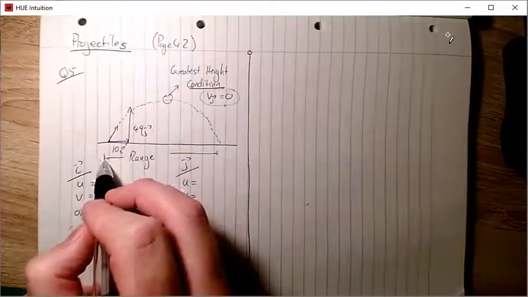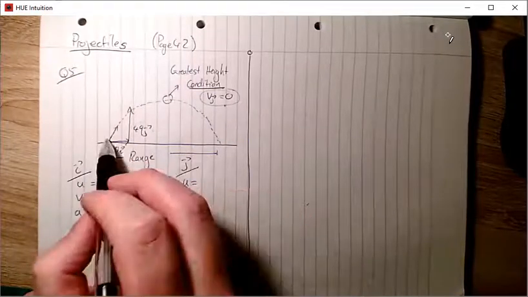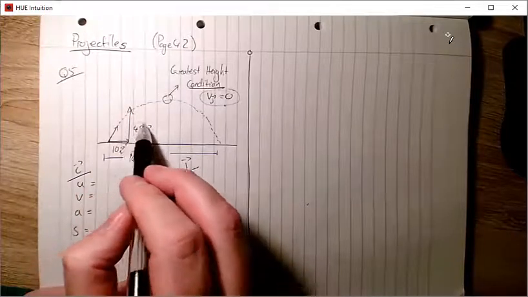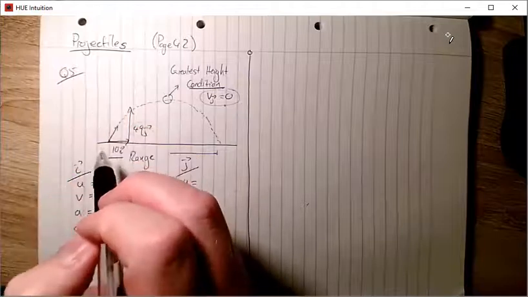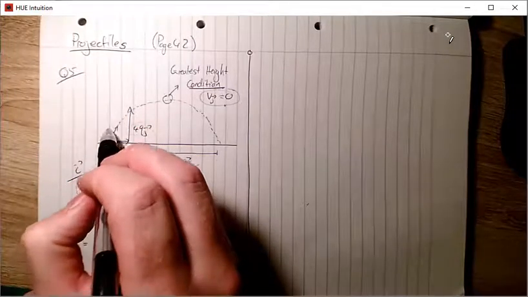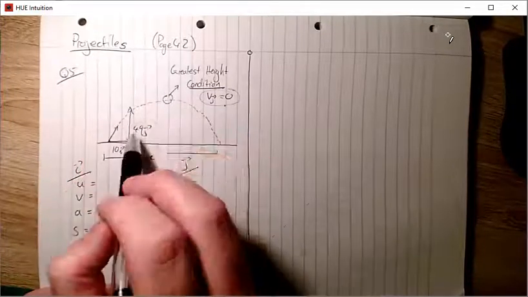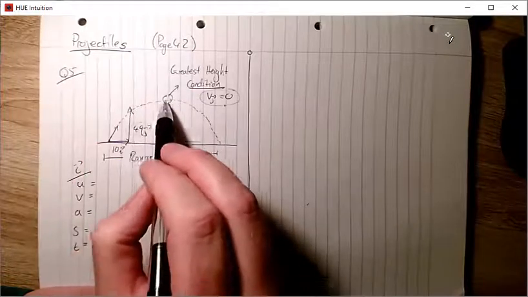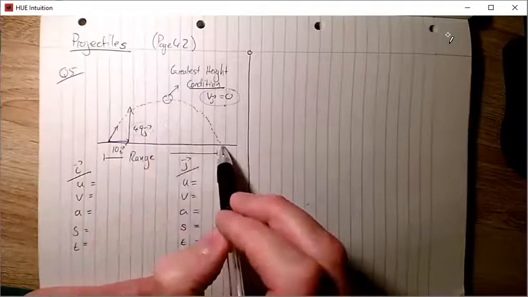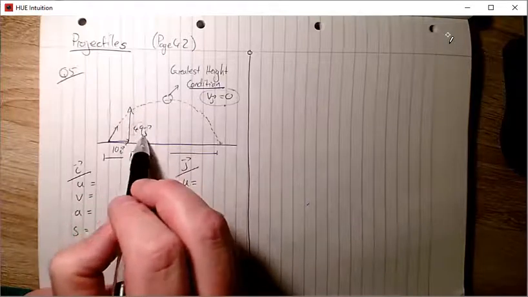Our condition for range is, well, what happens if you look at the displacement in the j direction, you'll see that it gets bigger and bigger. As you move across, you get higher and higher, but then you start dropping back down. By the time you get here, your displacement in the j direction is zero, you've landed back where you started.